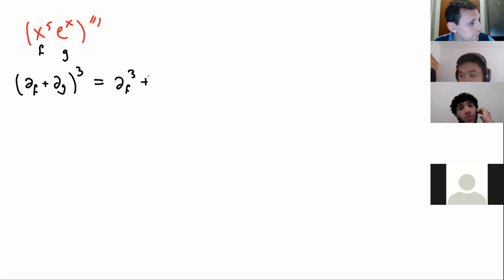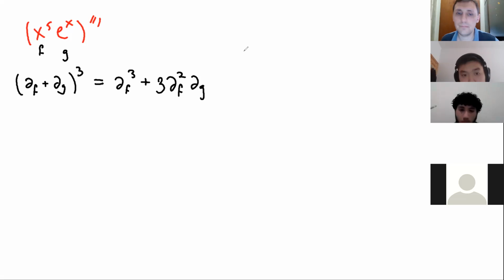That means take 3 derivatives, plus 3 times the derivative of f squared, the derivative of g. Is that a 2 in front of f and g? Where do you see a 2? I don't see any 2. It's just f and g, and that's the derivative cubed.